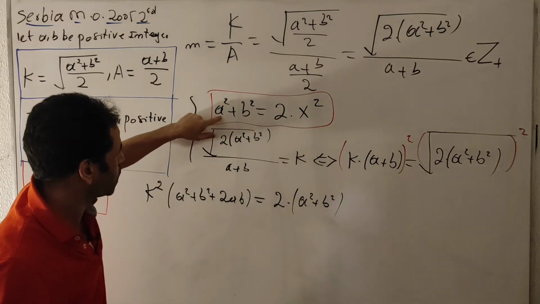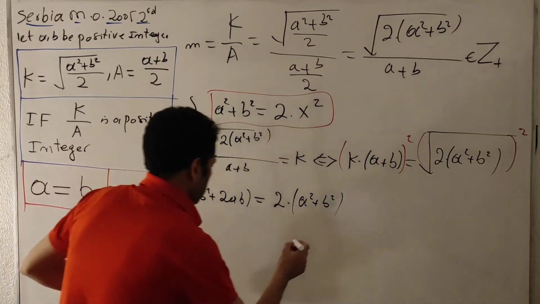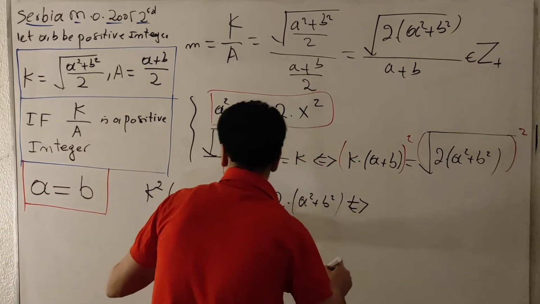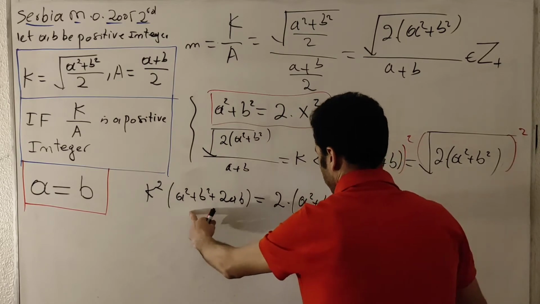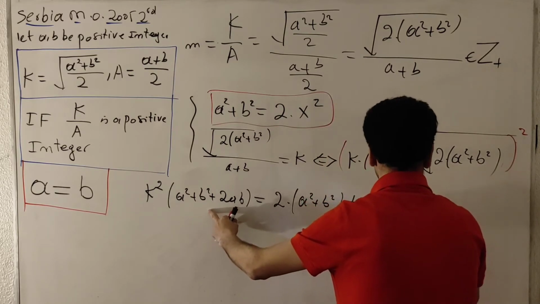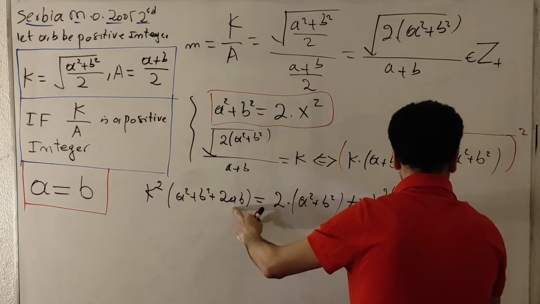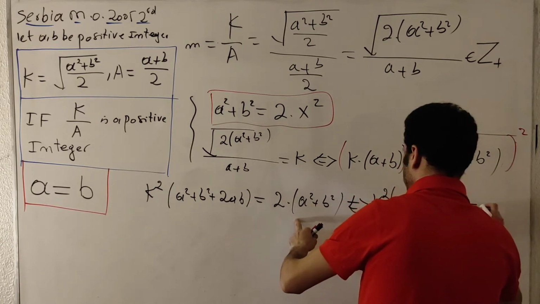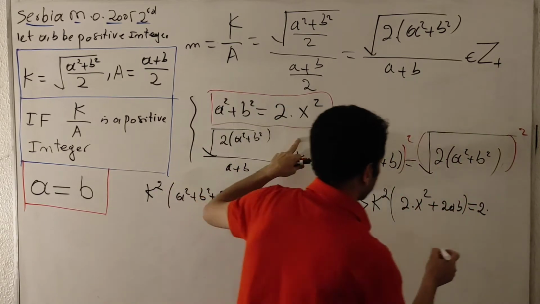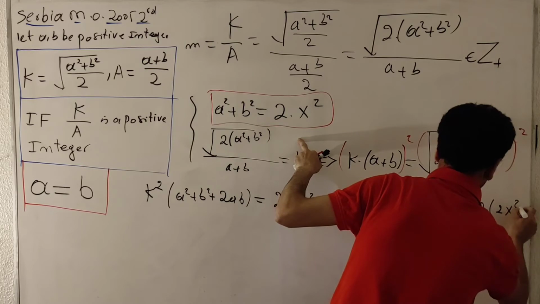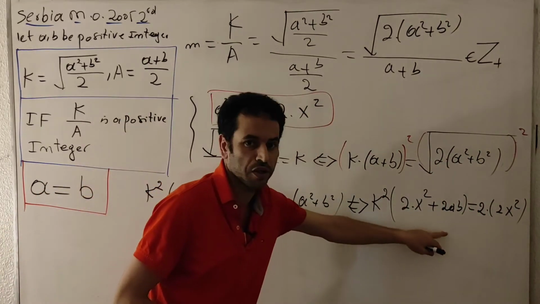Then I'm going to replace a square plus b square with 2x square. So for the left hand side I will get k square times (2x square plus 2ab), and for the right hand side I will replace this one with 2x square, like this.